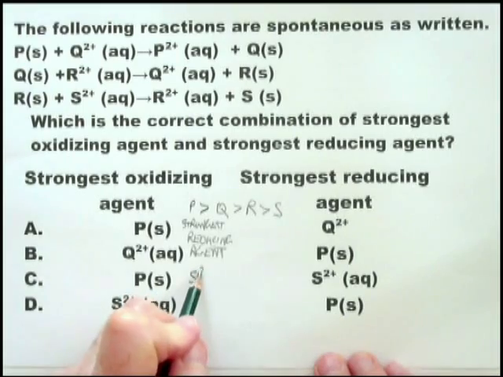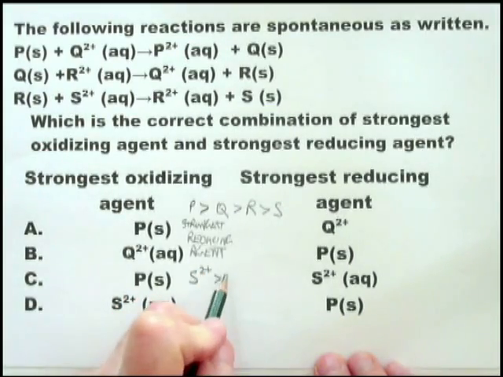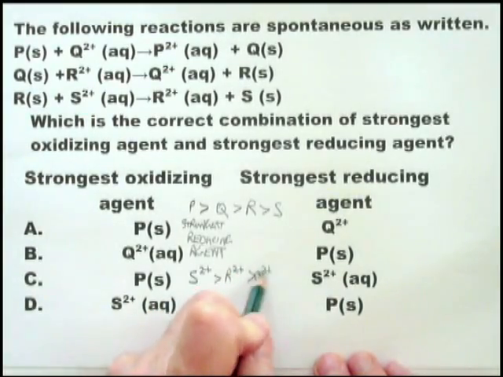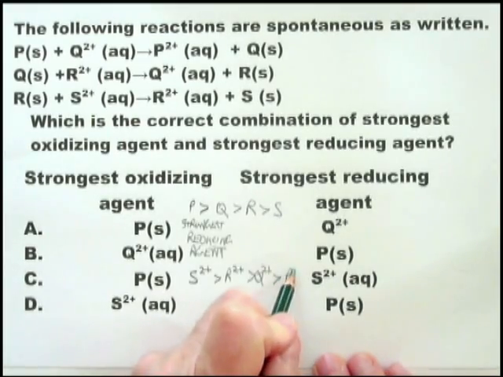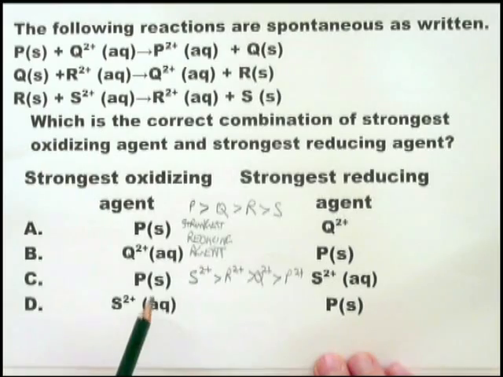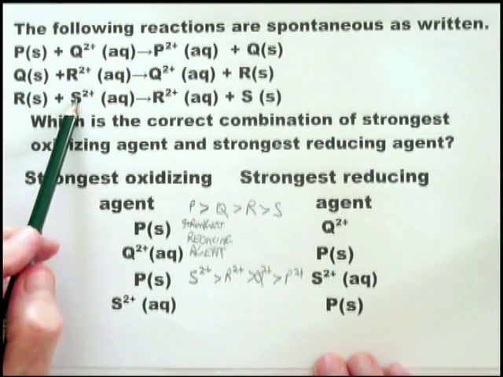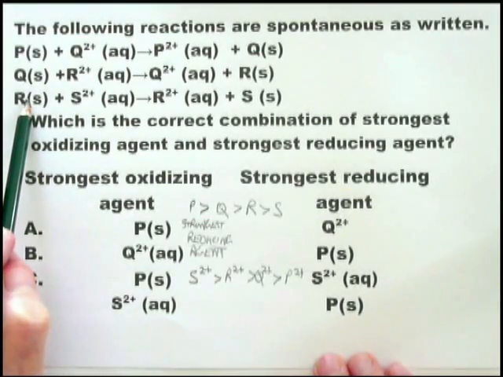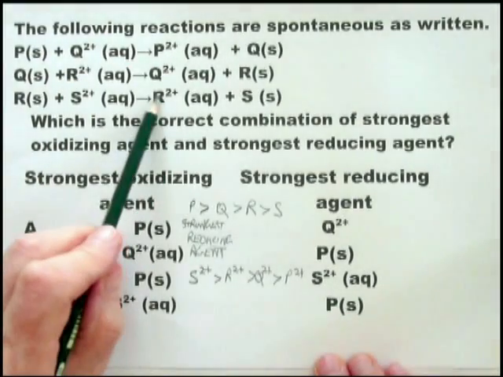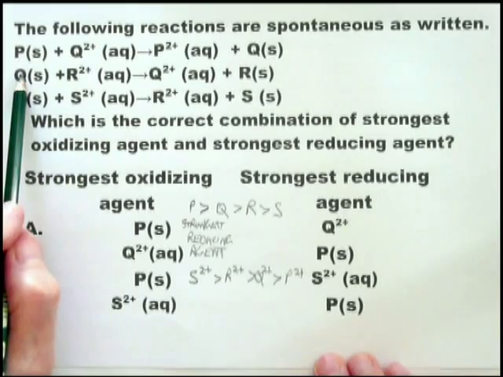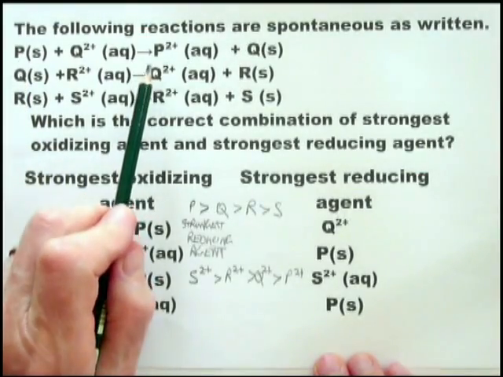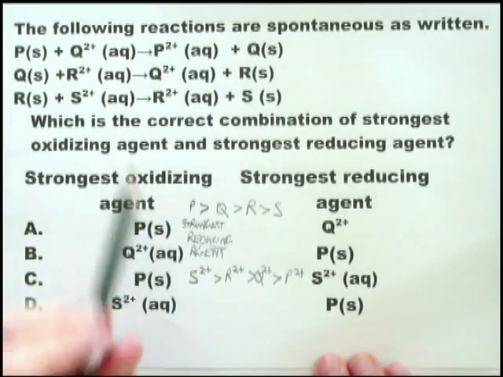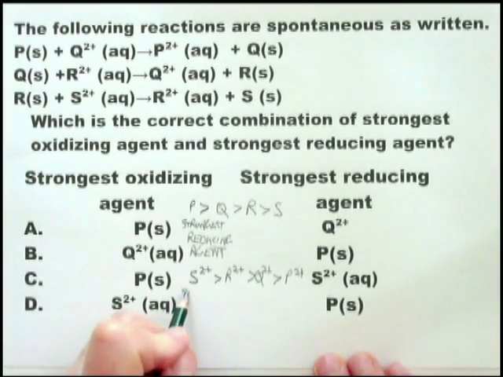So it's S2+ is greater than R2+, which is greater than Q2+, which is greater than P2+. And you can confirm that that is the order: you look at S2+, it is oxidizing R to R2+, and R2+ is oxidizing Q to Q2+, and Q2+ is oxidizing P to P2+. So that is the correct order for oxidizing agents.